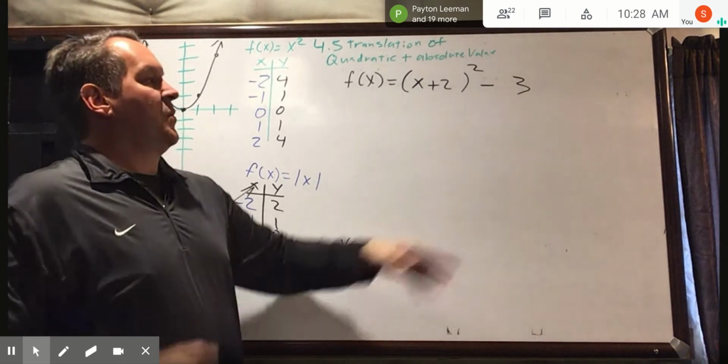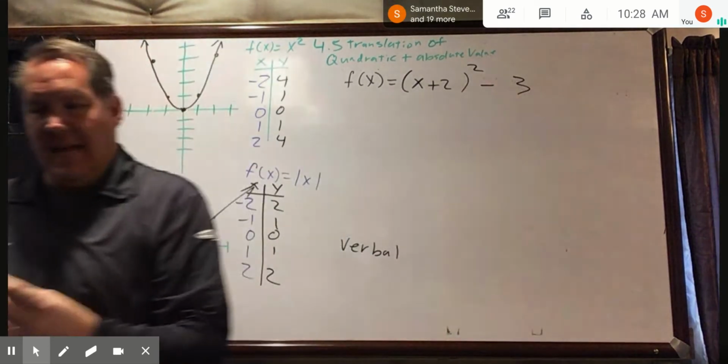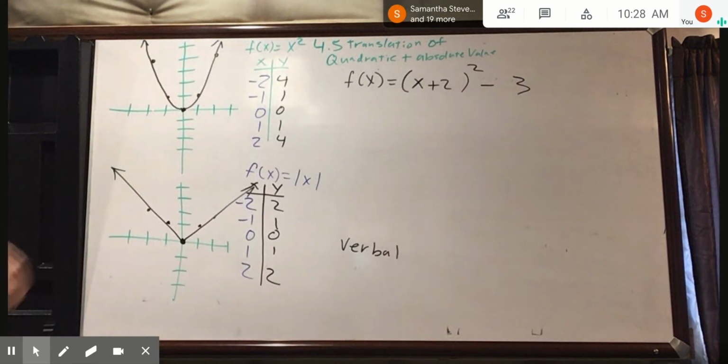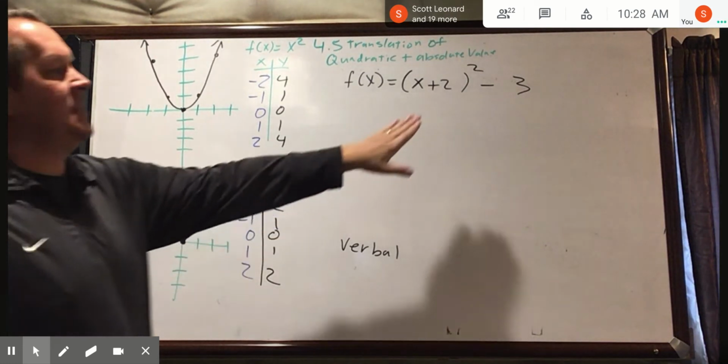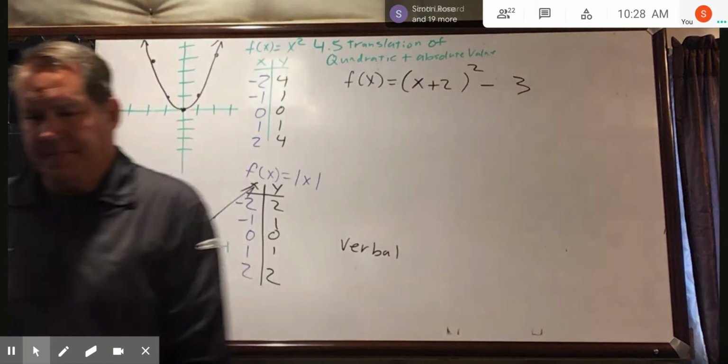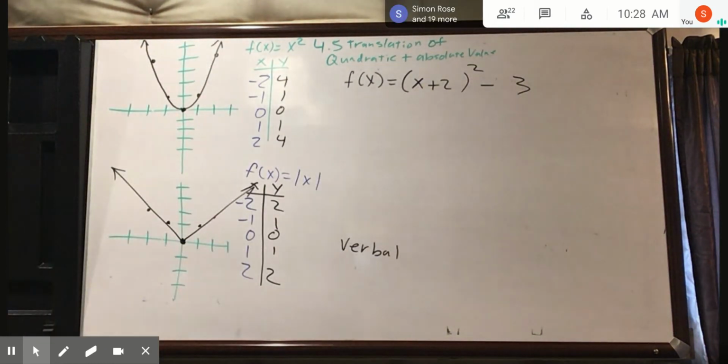The minus 3 on the outside, does that affect the graph vertically or horizontally? Will it affect it left and right or up and down? Minus 3 out here. Brandon, why don't you take a guess at that?